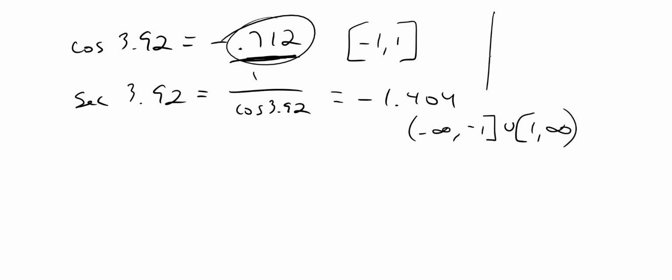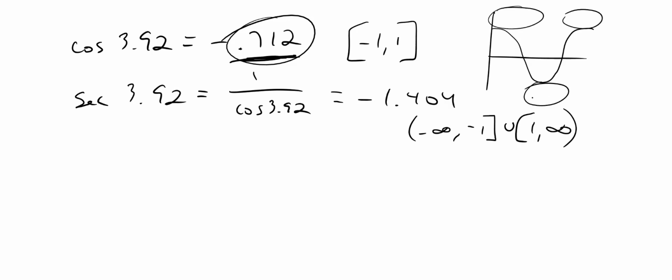Because remember when you graph, like for cosine, the graph looks like this. And if I graph the secant, the graph is basically 1 divided by that. We'll learn more about the graphing, but it's going to be out here. It's not between negative 1 and 1. It's less than negative 1 and greater than positive 1. Okay, we'll talk about that in chapter 4, the graphing chapter.